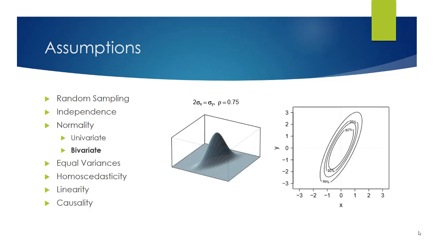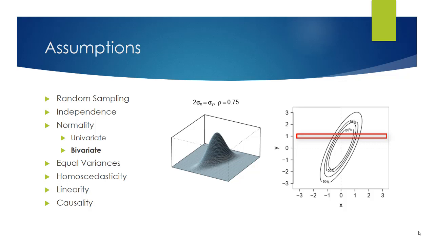Conversely, when I pull a score on y, what I should see is that at that level on y, all of the x scores are normally distributed.